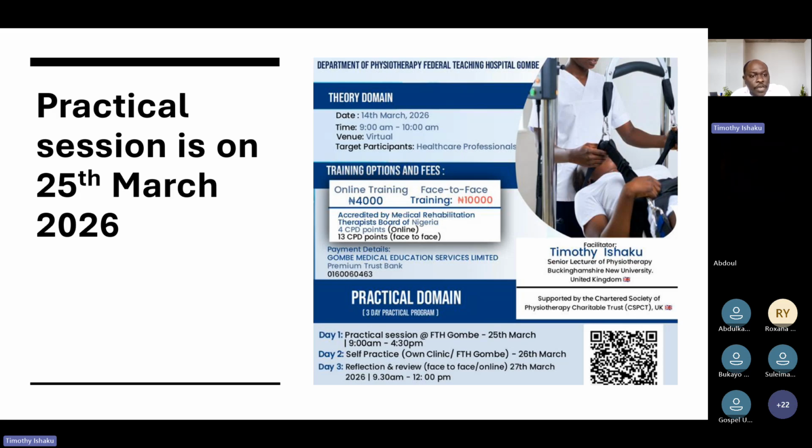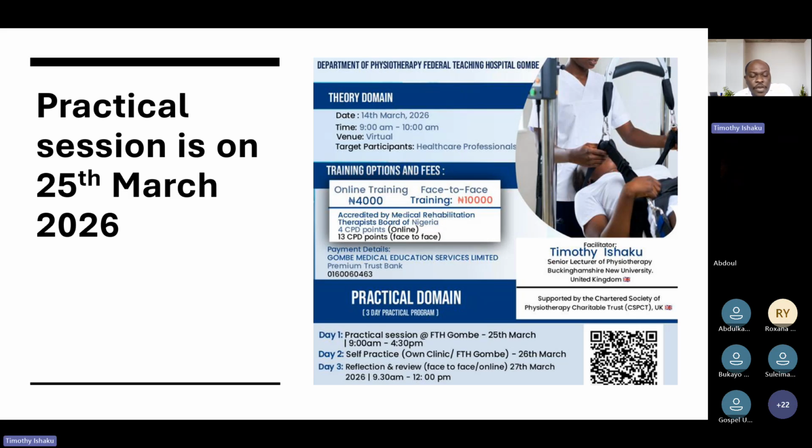Now, on the second day, after the training, I expect everybody to go to their clinical practice and apply the same things we have demonstrated, not only learned theoretically, but demonstrated practically, into their clinic practice.